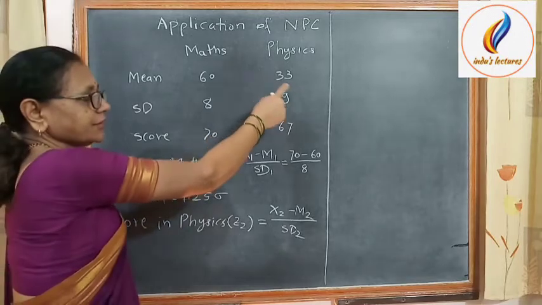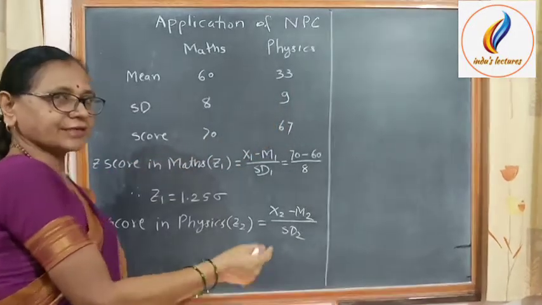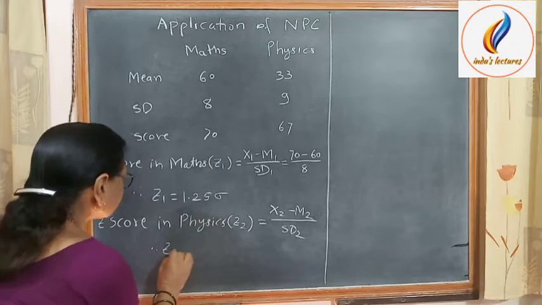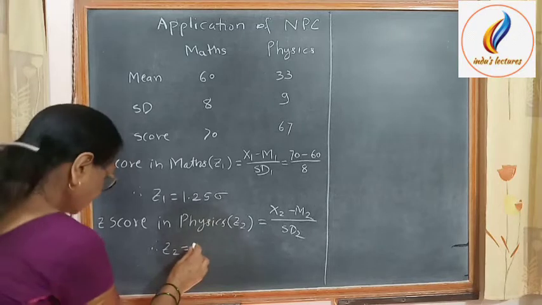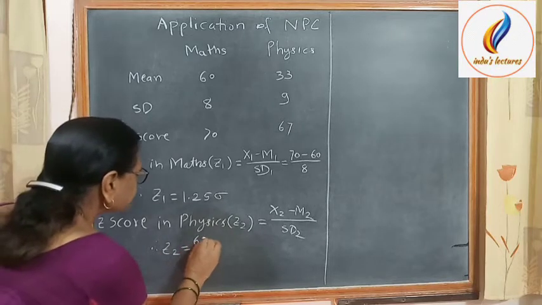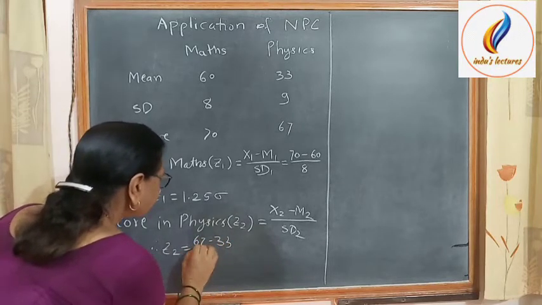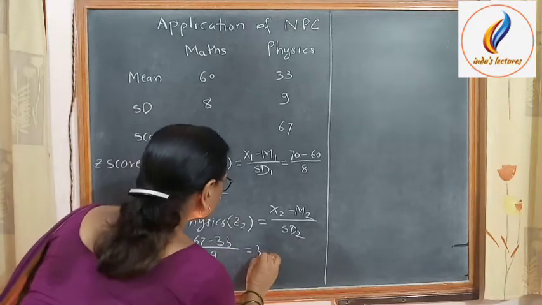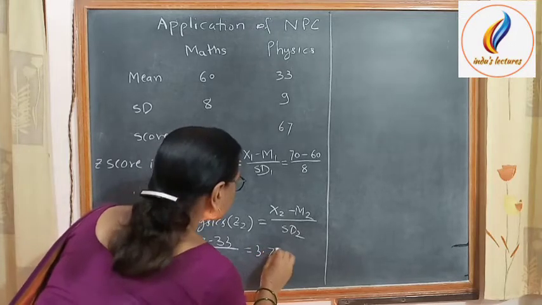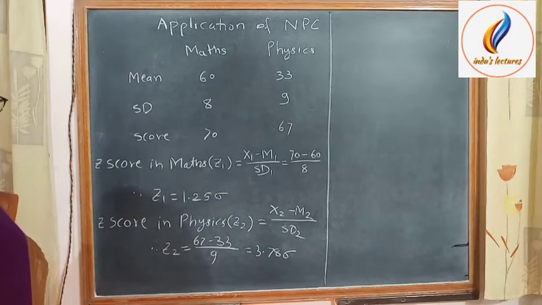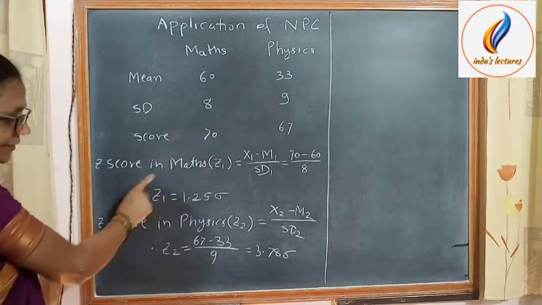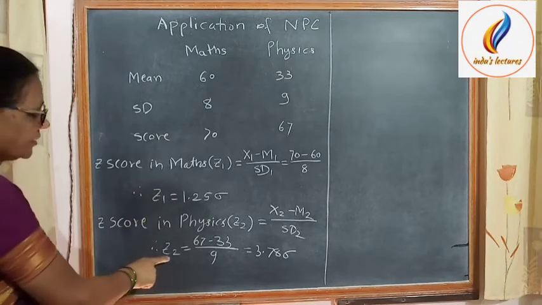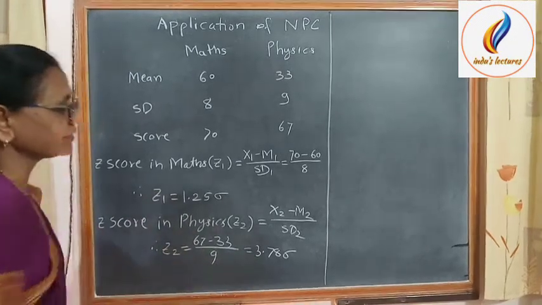Its mean is 33, standard deviation is 9 and the raw score obtained by the student is 67. So Z2 is equal to x2, which means 67, minus 33 divided by standard deviation 9, and which is equal to 3.78 sigma. That means the Z score of the student in mathematics is 1.25 sigma and the Z score of the student in physics is 3.78 sigma.